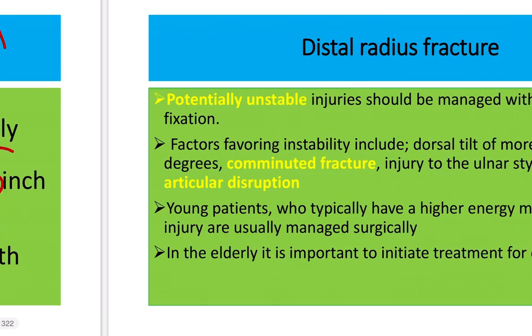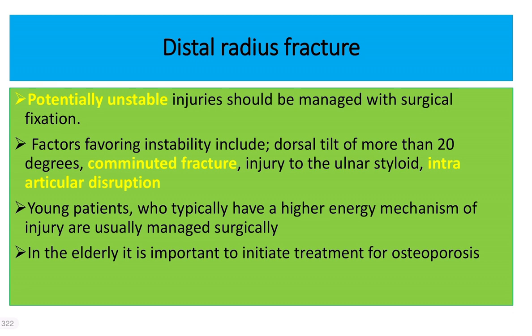On the other hand, a potentially unstable distal radius injury may be managed by surgical fixation. Surgical fixation is required when there is an unstable joint or multiple fragments, so stability is not achieved.